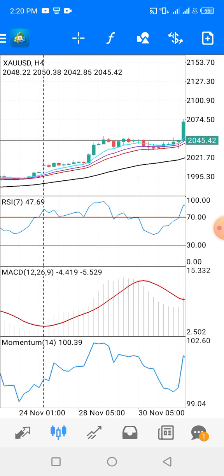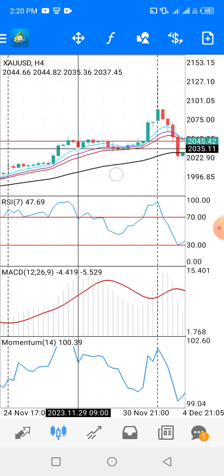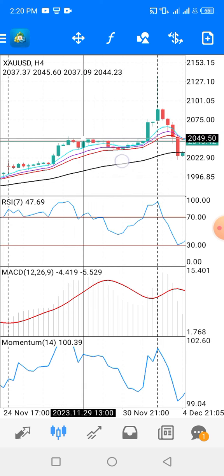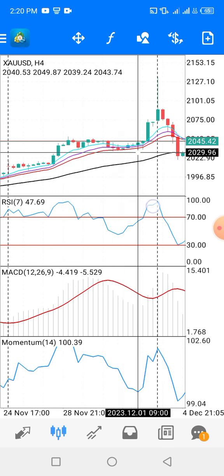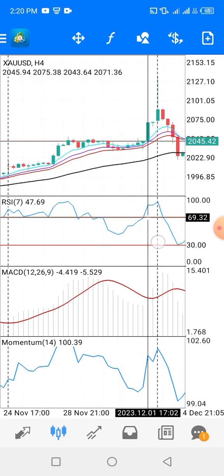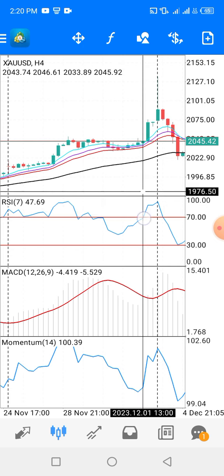Here, if we should have picked this trade over here, we would have lost, because the market went towards the top direction and then reversed. But if we should have picked the trade over here at this level, when it hit the 70 line, we would have won too.